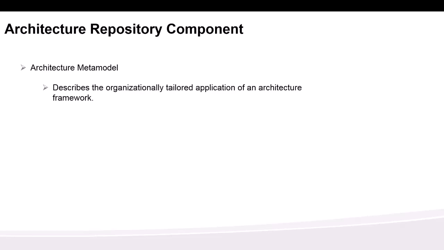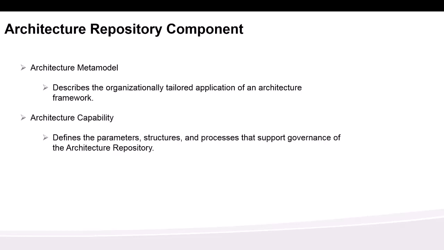So you have the architecture metamodel, which describes the organizationally tailored application of an architecture framework. That is, it describes the metamodel of architecture content, or the template with which you do architecture. Then you have architecture capability, which defines the parameters, structure, and process that support governance of the architecture repository.